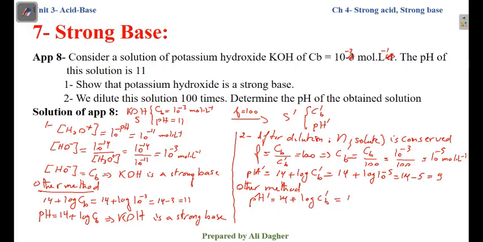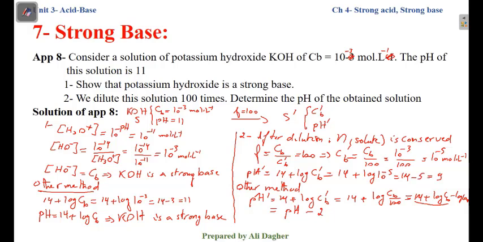We replace C'b by Cb over 100, equals 14 plus log Cb minus log 100, equals 14 plus log Cb, which is the pH of the initial solution, minus 2, since log 100 equals 2.